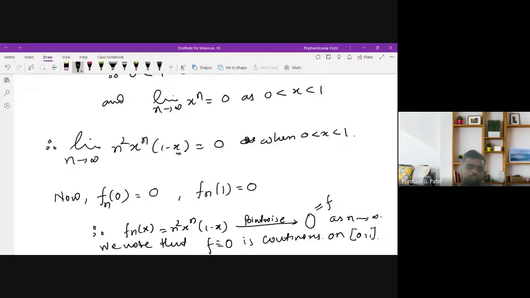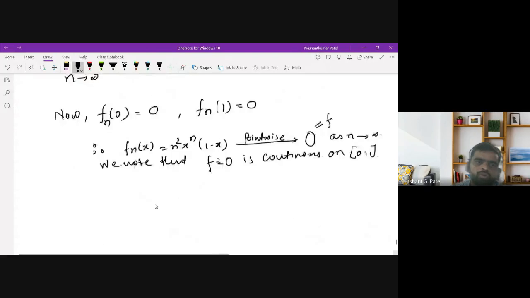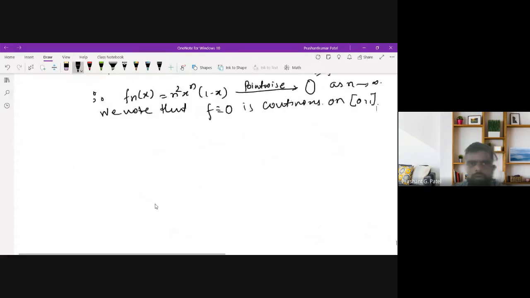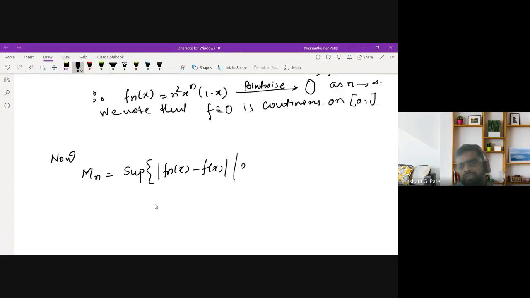Now we have to determine whether this convergence is uniform or not. For that, we have learned one result to discuss whether the convergence is uniform. We have to find out Mn. Mn is the supremum of |fn(x) − f(x)| as x is in the domain, the closed interval [0, 1].